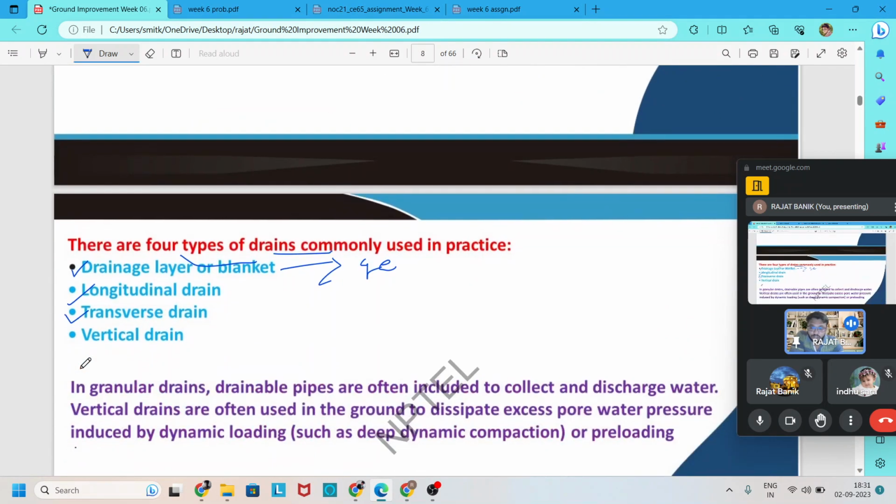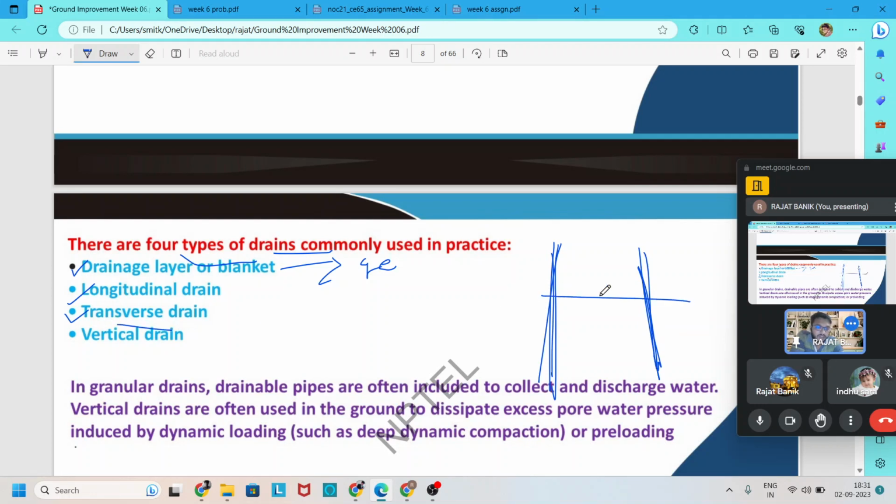The second is the longitudinal drain and the third is the transverse drain. Longitudinal means this drain is incorporated throughout the length of the pavement. The transverse drain is at the cross section of the pavement, at different junctions, in the transverse direction of the pavement, where drainage is incorporated to collect the water.